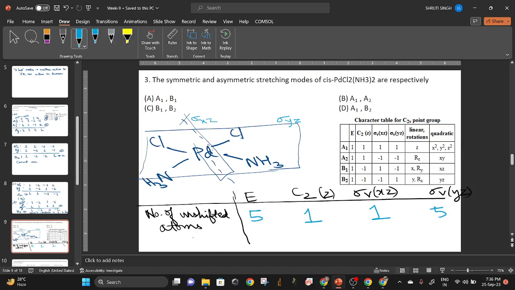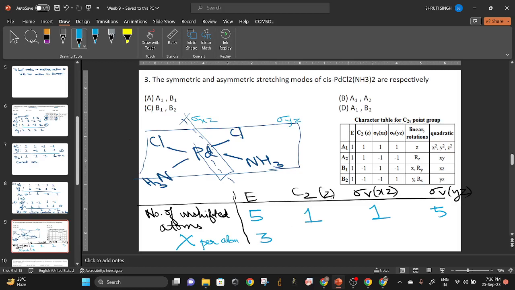Now the characters. For E, the character is 3. Now where does this 3 come from? The x, y, z axes. Yes, under E, the x, y, z do not change at all, so those 3 axes contribute to the character.